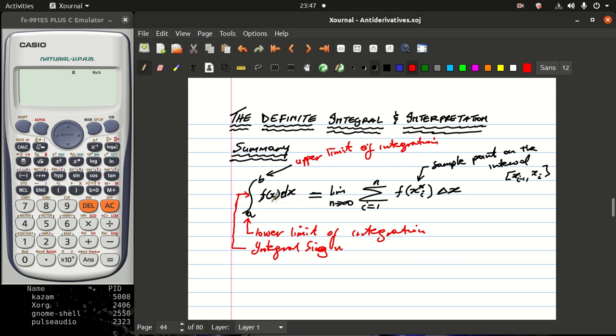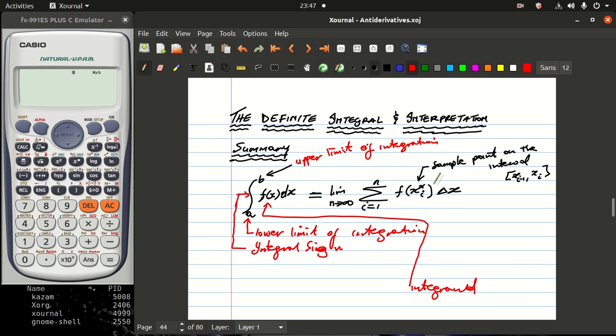And then this f of x, we said it is the integrand. And then this dx here does not have much of a meaning, except that we are saying that the independent variable that we'll be focusing on in this function is this x. That is what this thing means.